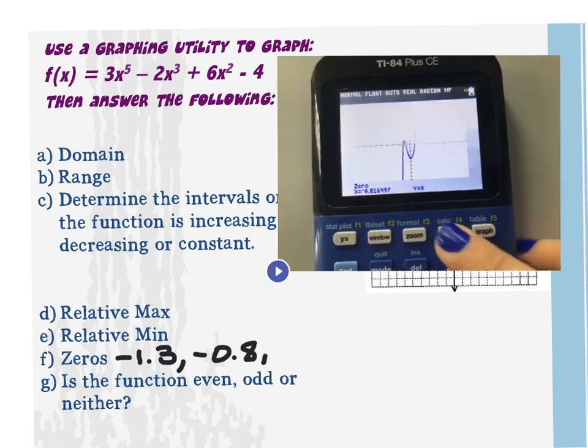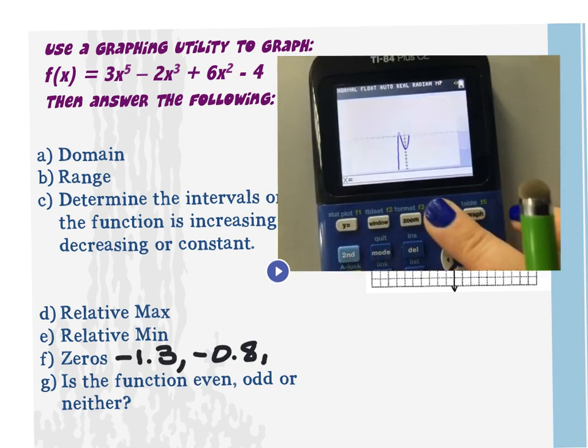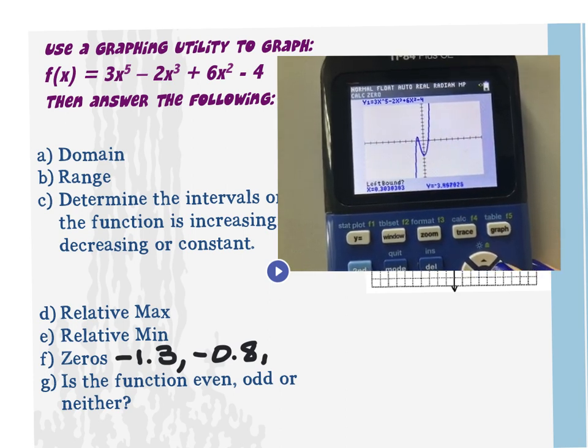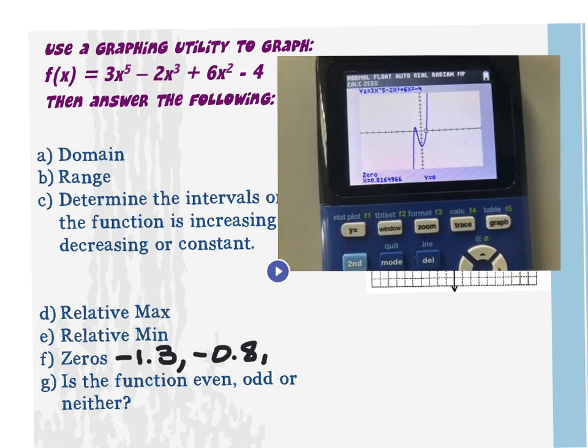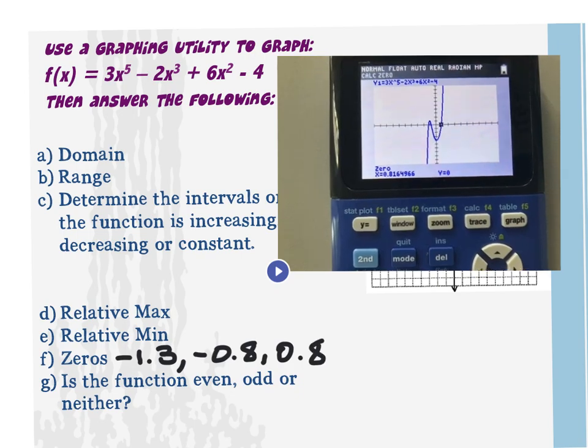And then I'm going to do it one last time. For the last one, left bound, right bound, take me to the 0, and I get positive 0.8.